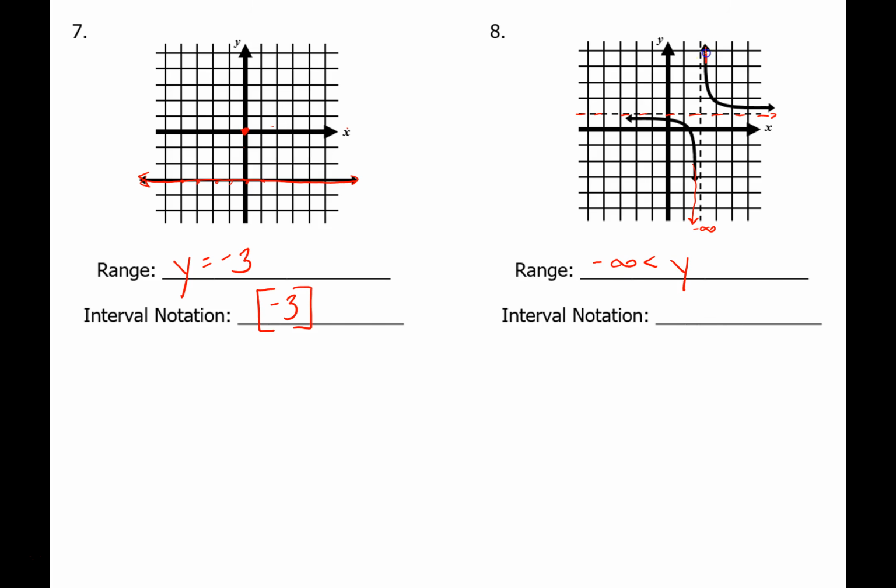And this one goes up to positive infinity, but it does not include this y is equal to 1. So rather than writing negative infinity is less than y is less than positive infinity, because it isn't everything, you need to write for this one that y is not equal to 1. That means that it does equal everything that is not y is 1.